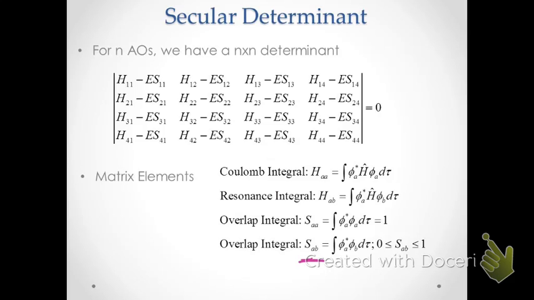The SAB corresponds to a situation where the atomic orbitals are different in that integral, and we'll find in this overlap integral between 2 different atomic orbitals, the values generally range between 0 and 1, 0 corresponding to no overlap whatsoever, 1 corresponding to total overlap, and that only occurs when those orbitals are in fact the same. These are going to fall off diagonal in our particular determinant. Now, of course, what we'll note is that we have a 4 by 4 determinant, and that will yield 4 energies corresponding to 4 molecular orbitals.